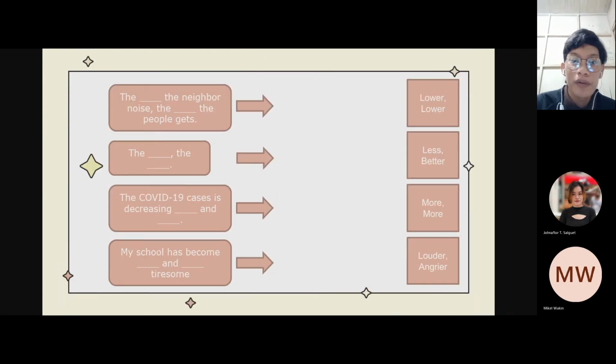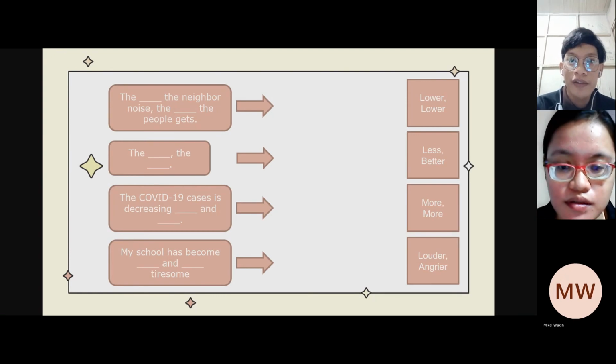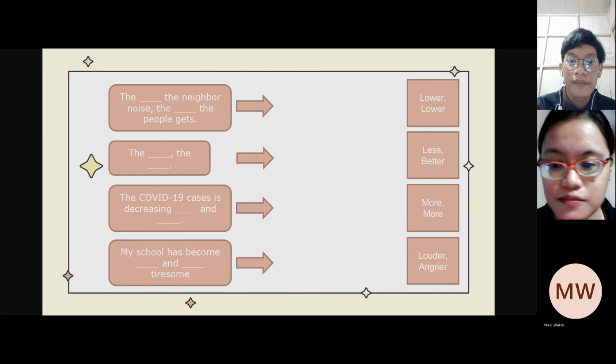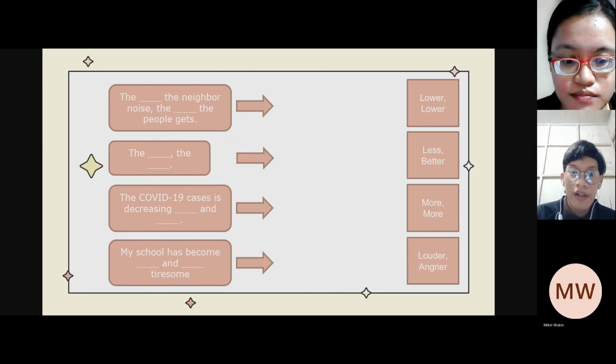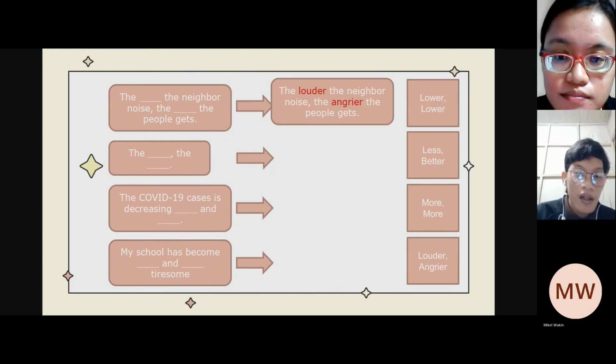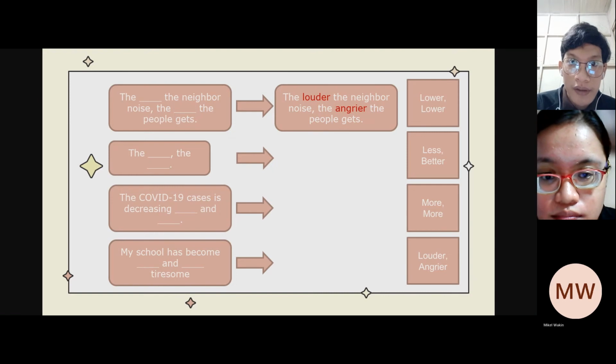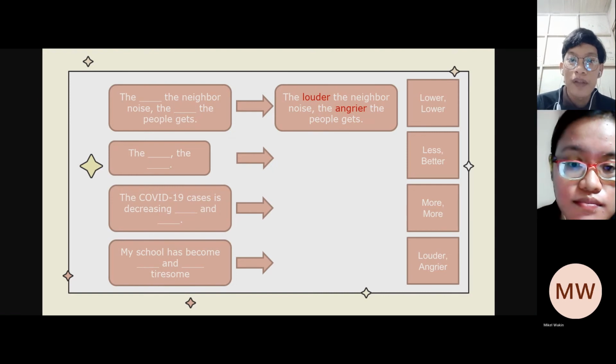Okay, I have here two comparatives together examples, and try to analyze what the missing comparative form is in each sentence. Do you understand, students? Yes, sir. Okay, the first one, allow me to read it. The louder the neighbor's noise, the angrier the people get.